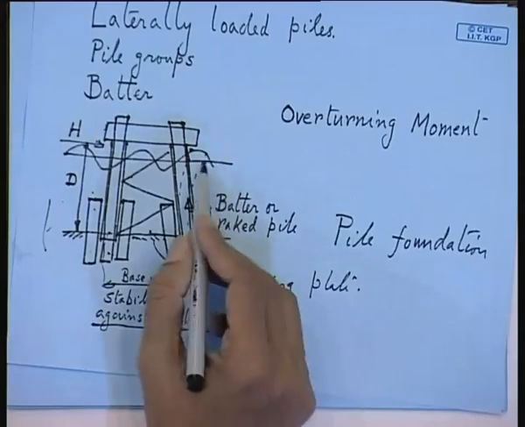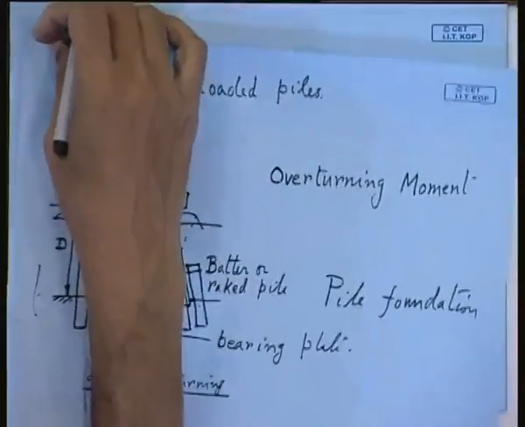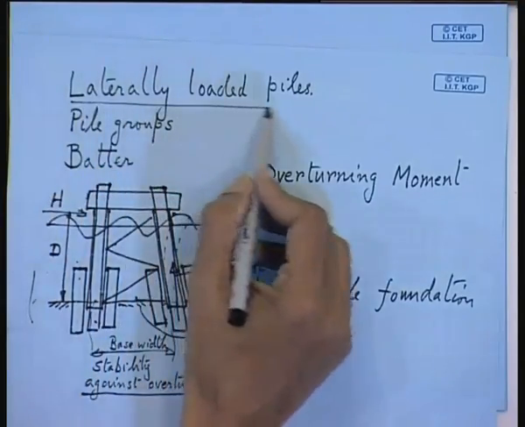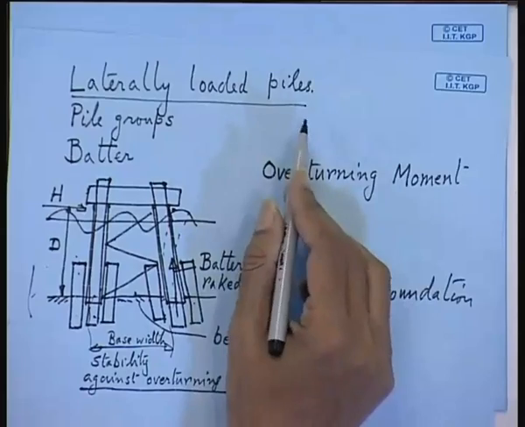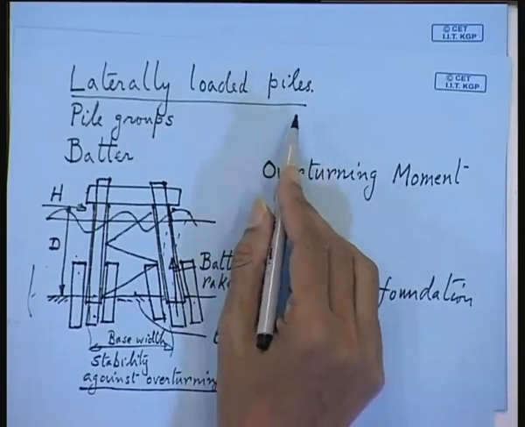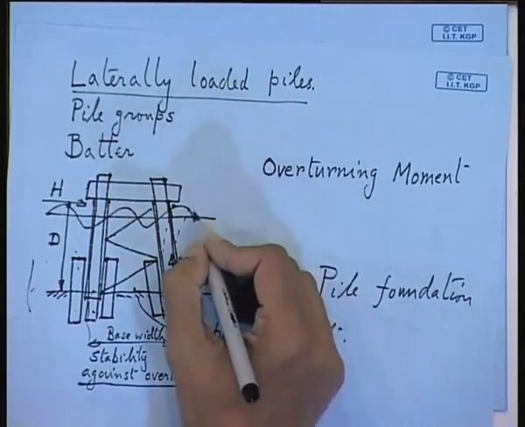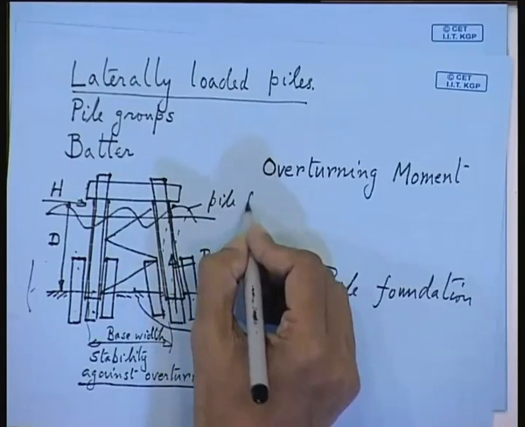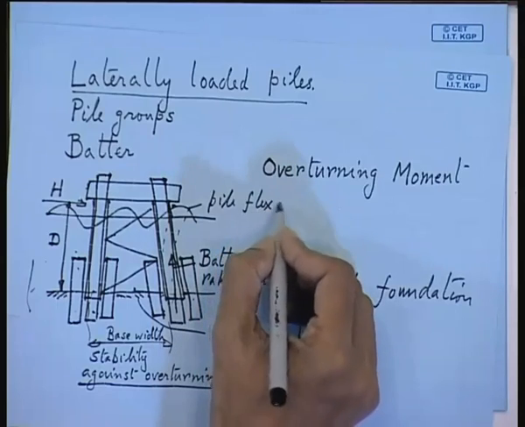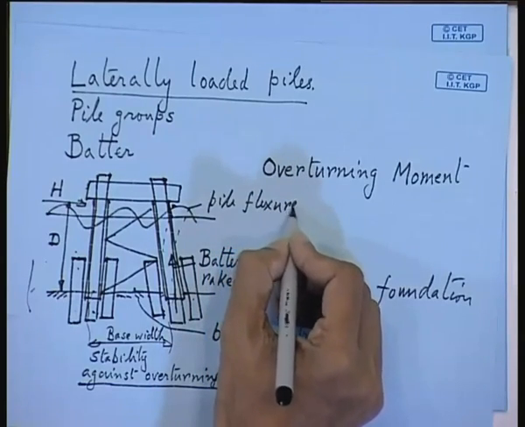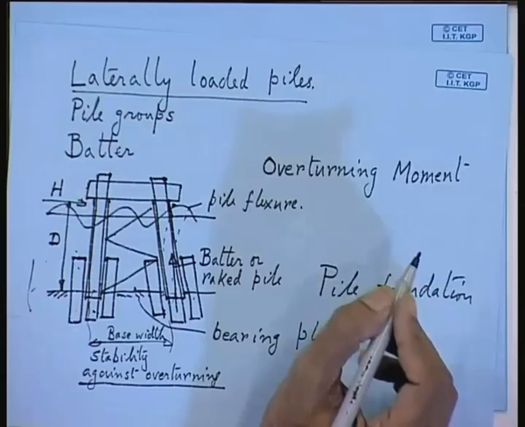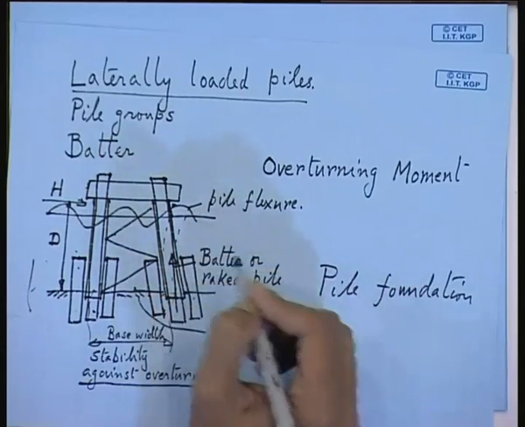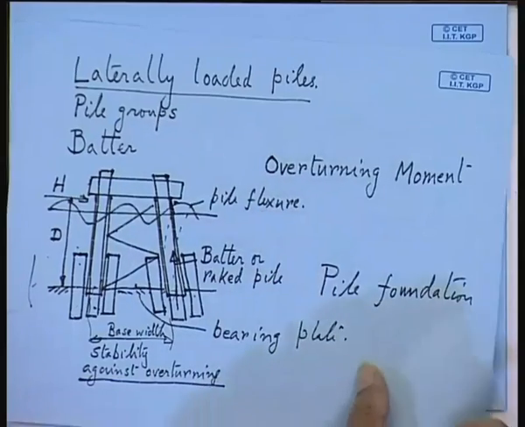So, that is why the problem that we are having with this is you should have laterally loaded piles. Laterally loaded piles will have inherent capacity of resisting, this is called pile flexure. So, bending is the analysis which we take recourse to when you are designing offshore piles.